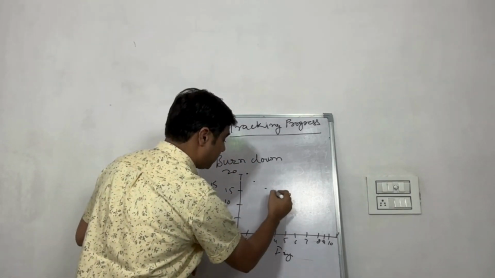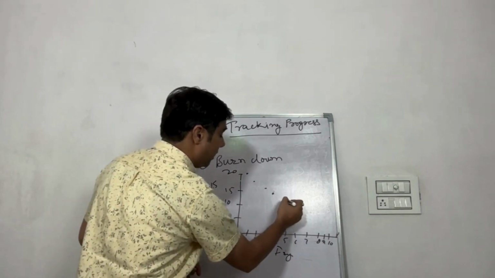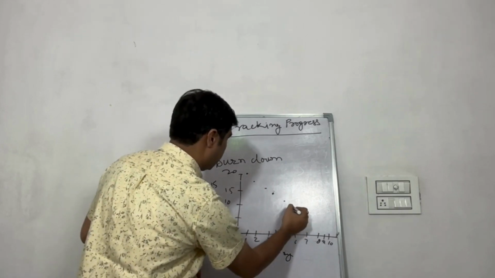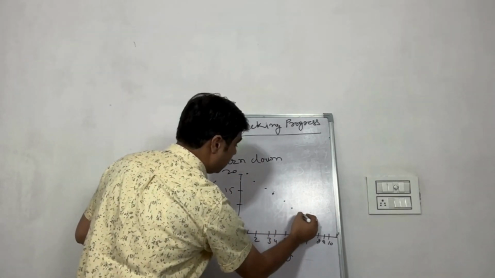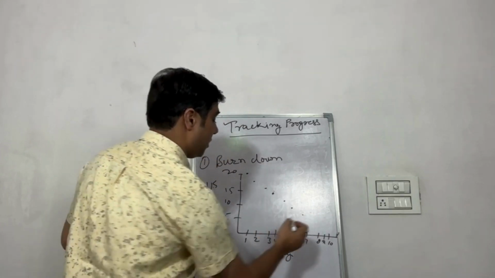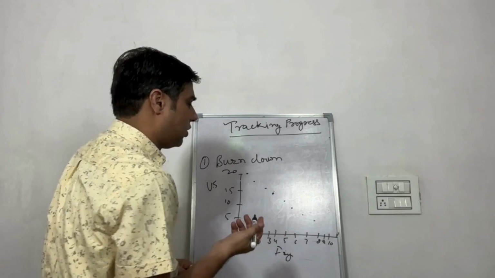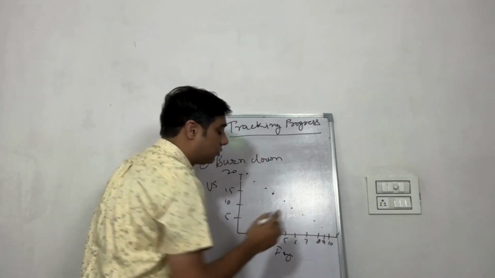Fourth day, 14 points remaining. Fifth day, 12 points. Sixth day, 10 points. Seventh day, 8 points. Eighth day, 6 points. That is how you have to track it.